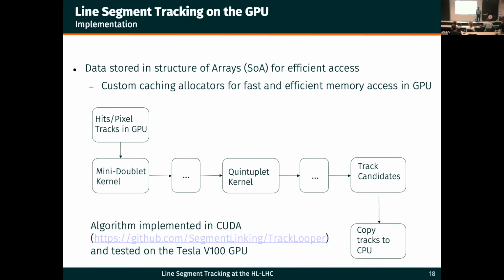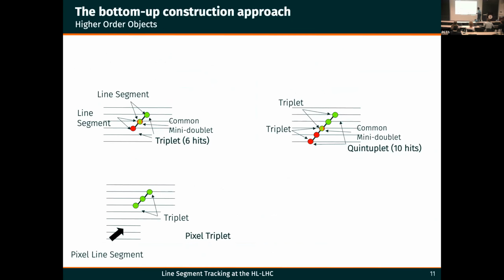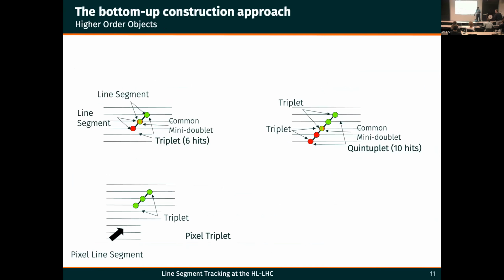On the same note, a comment on the dimensionality in each of the stages: are we talking about tens of thousands of doublets? More like around 50,000 mini doublets. When it comes all the way to the quintuplets, it reduces because of all these extra physics constraints we have.